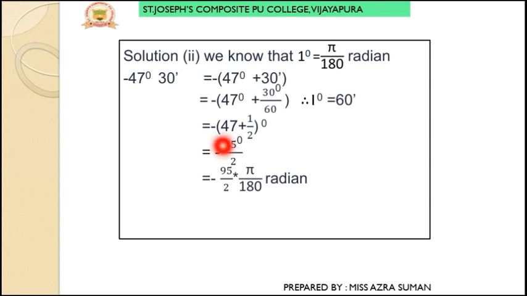Now we have to convert this degree measure to radian measure, and 1 degree is equal to pi by 180 radian. So the value for minus 95 by 2 degree is equal to minus 95 by 2 into pi by 180 radian. On simplifying, you will get minus 19 pi by 72 radian, which is the required answer.